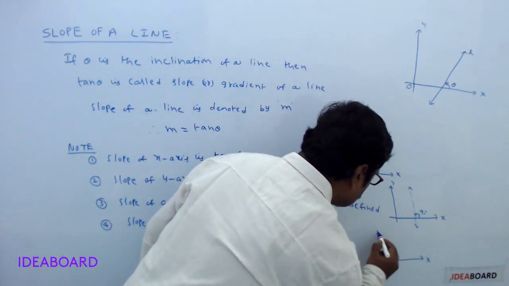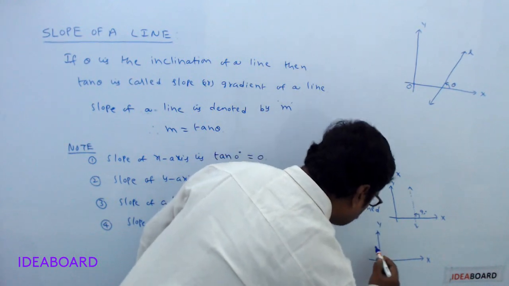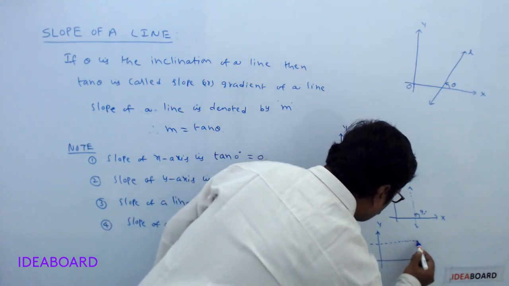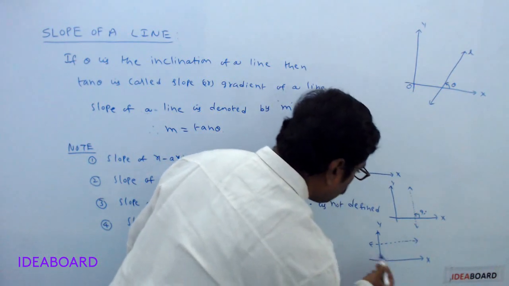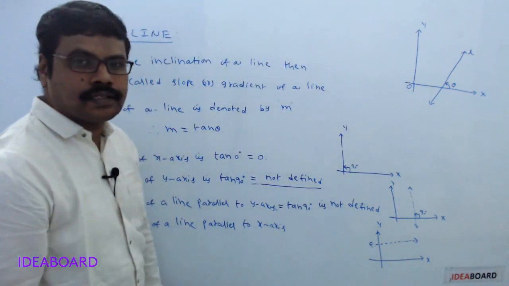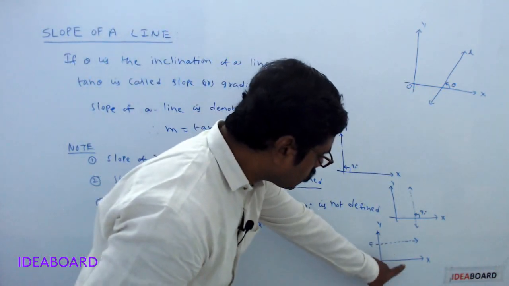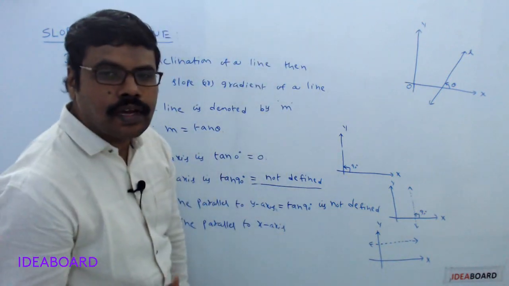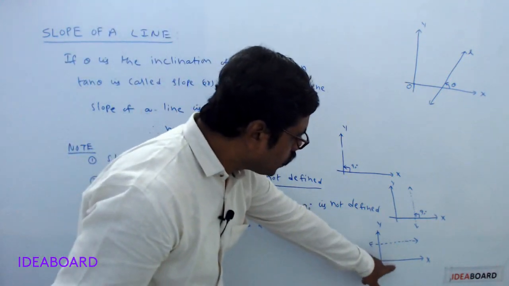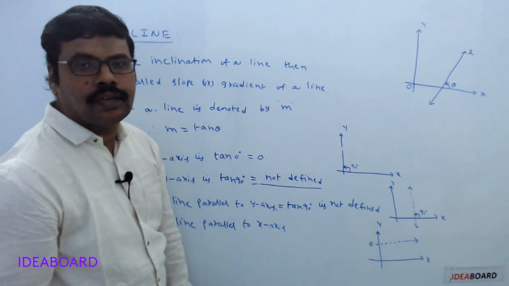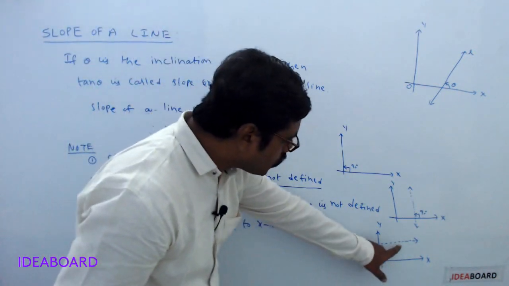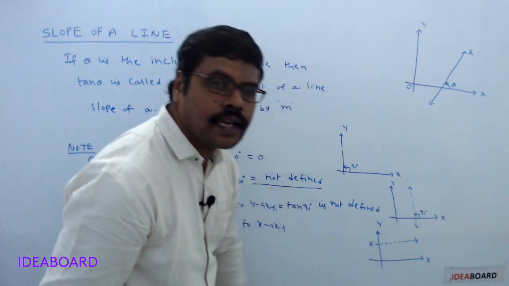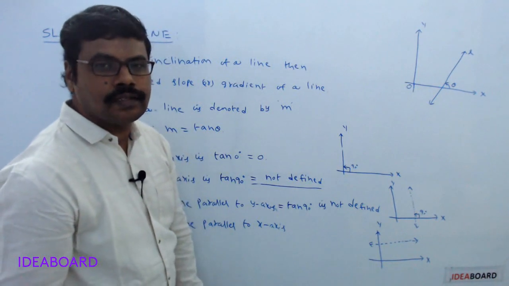This is x-axis, y-axis. Now this is the line parallel to x-axis. Now this line and x-axis are parallel, so the angle between this line and x-axis is 0 degrees. It means inclination of a line parallel to x-axis is 0 degrees.